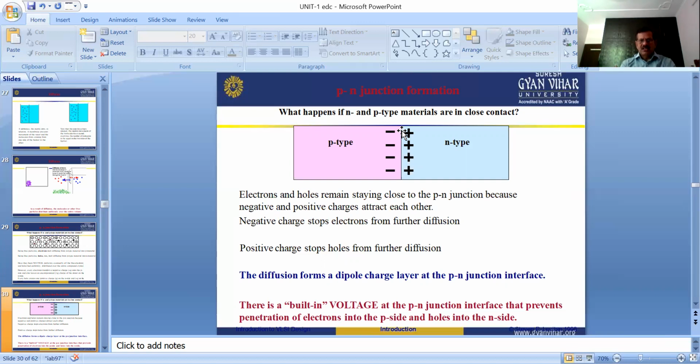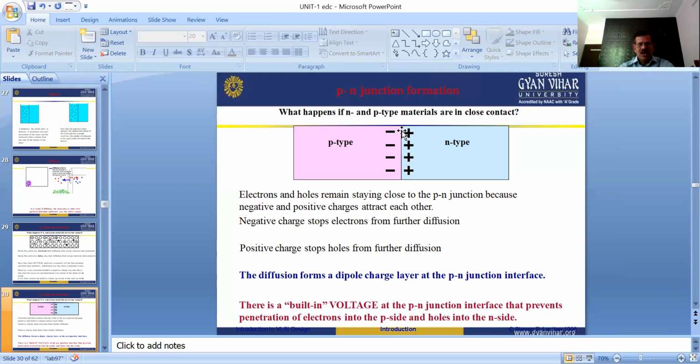These charges are immobile, so this immobile charge layer is called the depletion layer. The depletion layer forms across the junction with immobile charge carriers: negative in the p side and positive in the n side.